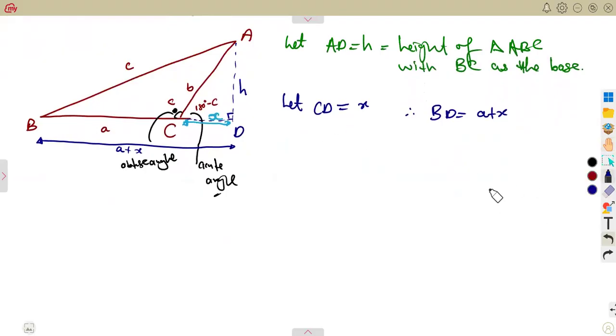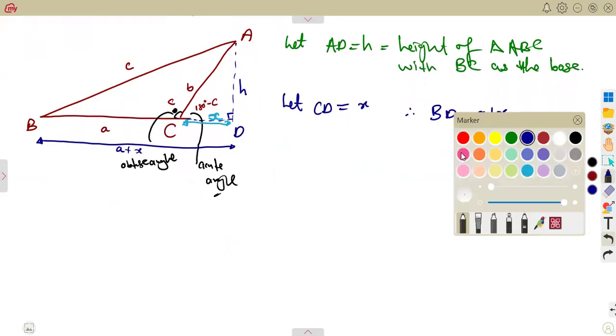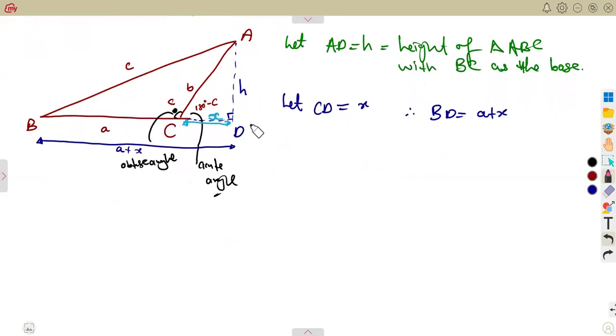We used the concept of the Pythagoras theorem in the previous case. That exactly is the one that we are also going to use. So from the Pythagoras theorem, we are going to notice this.